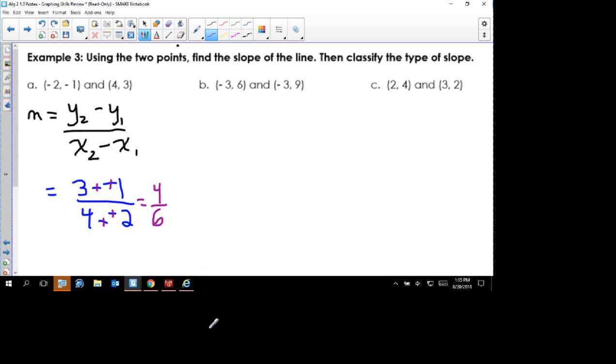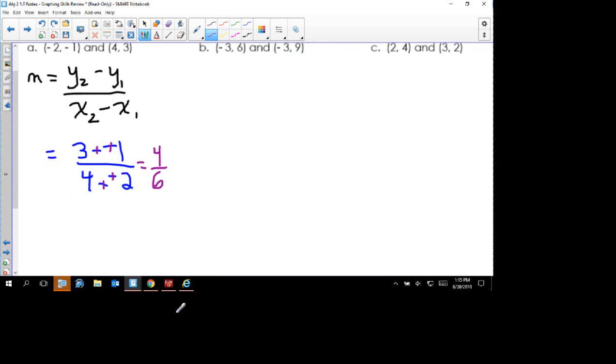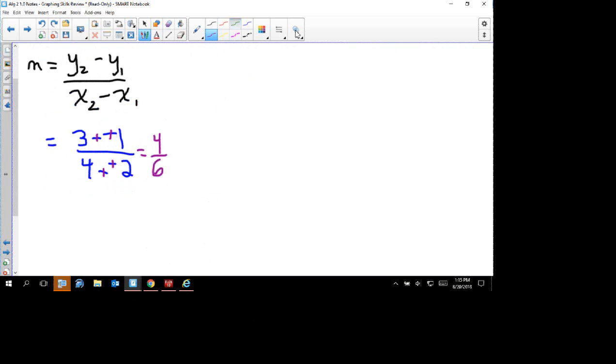And help me out, is that the final answer? Why is this not the final answer? It can be reduced because you can factor out the same number from the top and the bottom. You can say 4 is 2 times 2, right? And 6 is 3 times 2. And what happens to those 2's?